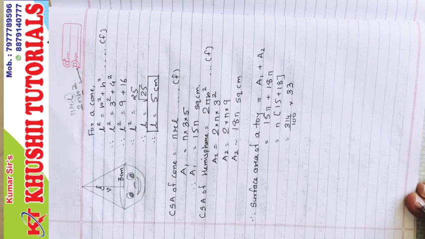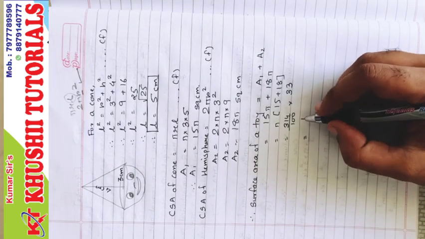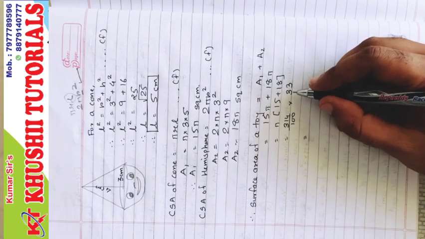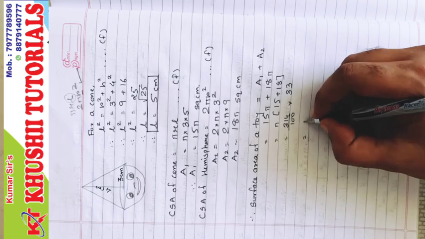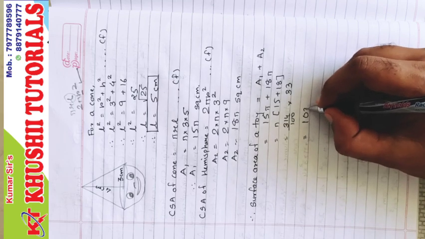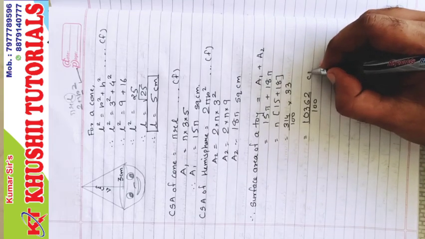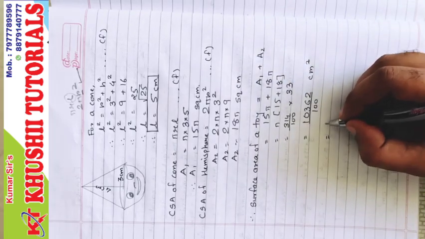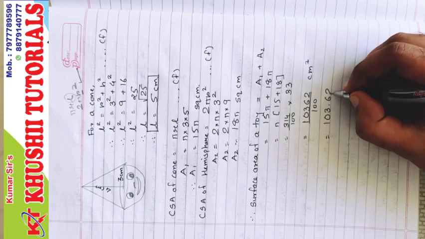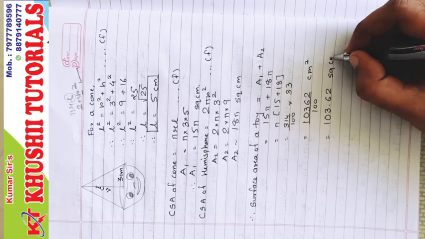So answer will be multiplication of 33 into 314. It is 10362 upon 100 centimeter square, that is 103.62 square centimeter.